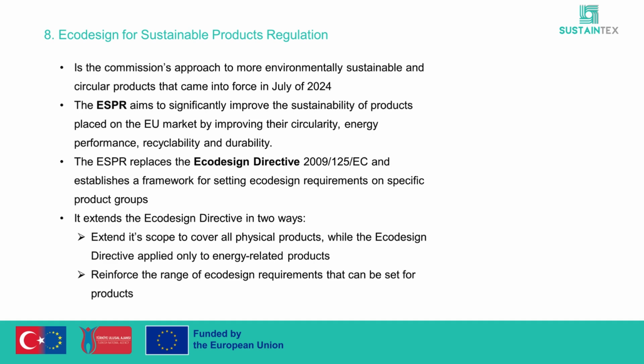It replaces the Eco-Design Directive and establishes a framework for setting eco-design requirements on specific product groups. Additionally, it extends the Eco-Design Directive in two ways. First, by extending its scope to cover all physical products, while the Eco-Design Directive applied only to energy-related products, and secondly, by reinforcing the range of eco-design requirements that can be set for products.